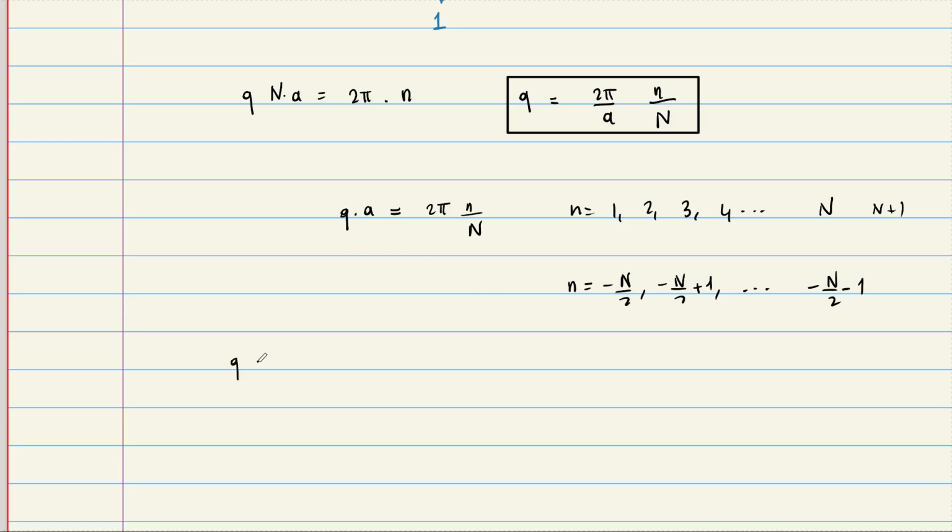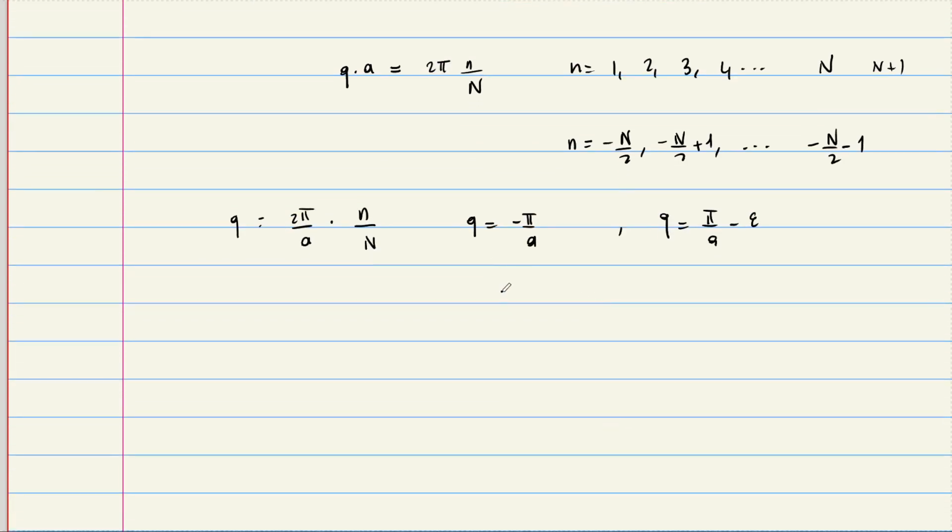So q is going to be equal to, okay, I'm now going to use this 2 pi over a times n over N. So if n is equal to minus N over 2, I have q equal to minus pi over a. And if I have n equal to N over 2, I have q equal to pi over a, minus epsilon, a little bit of shift.